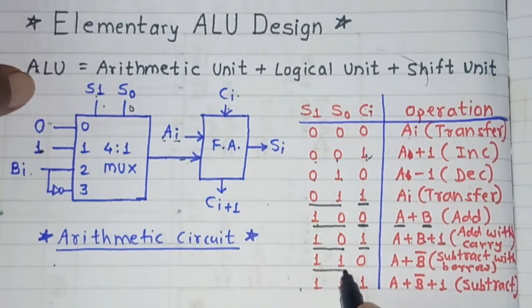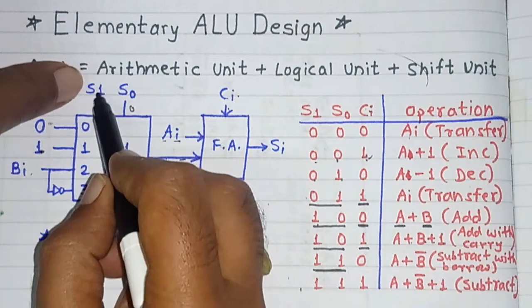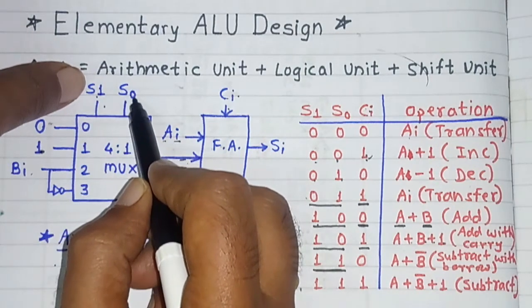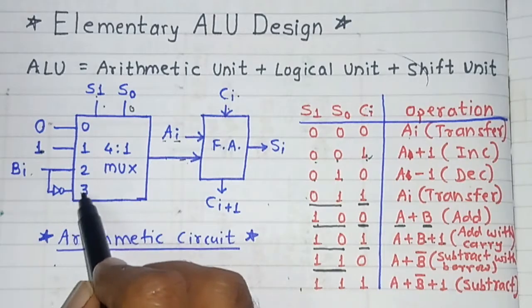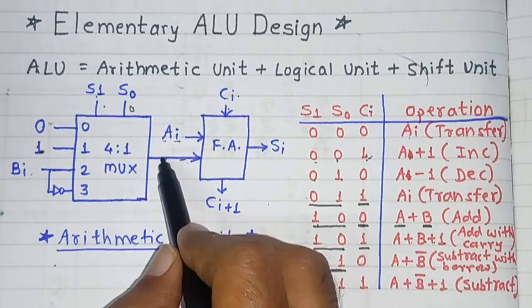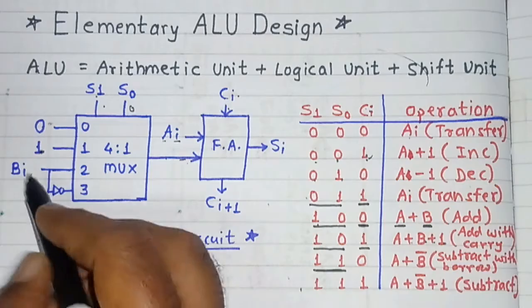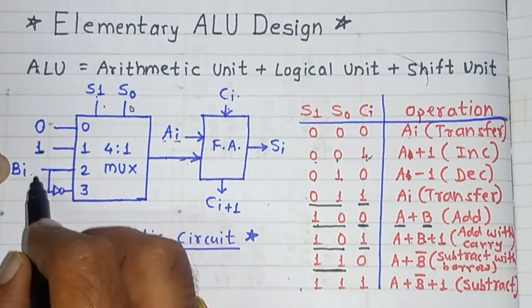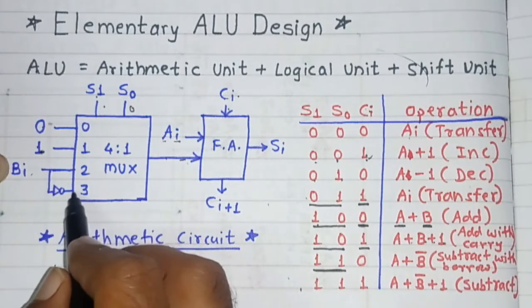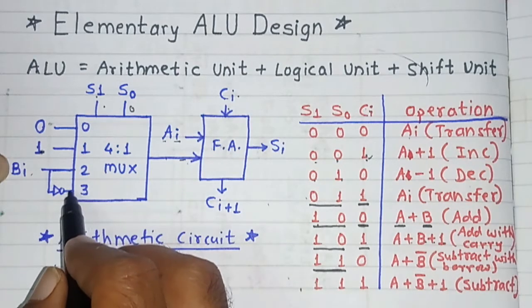So 1 1 means what? This S1 is equal to 1 and S0 is also equal to 1. So you are transferring the fourth input of the multiplexer to the output. Whatever bi is applied will be inverted at the fourth input of the multiplexer.